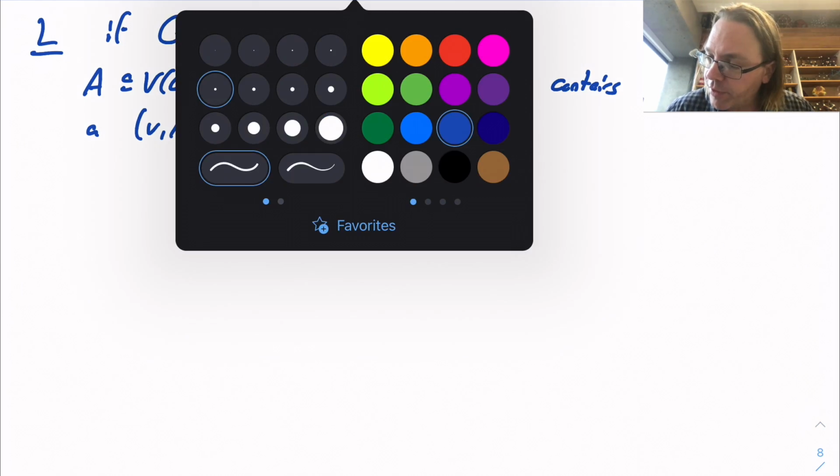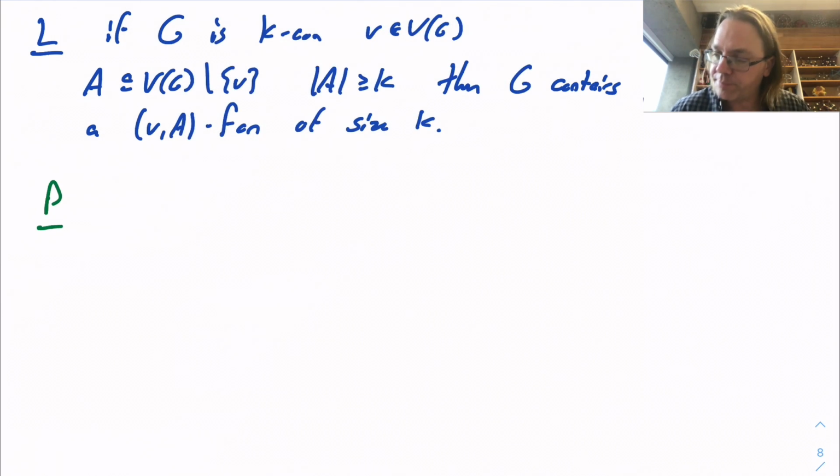And the proof of this is really straightforward. What are we going to do? Well, I'm going to apply a version of Menger.